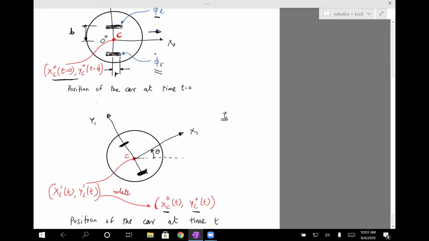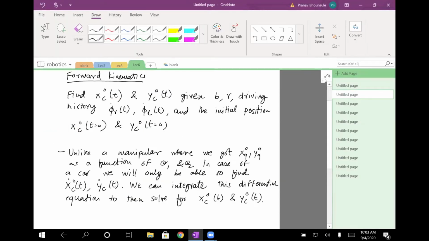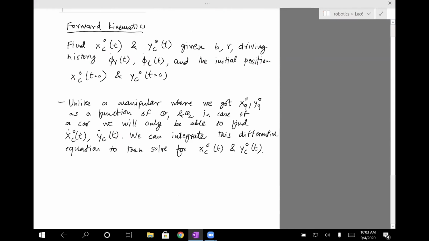And if you know the position as a function of time t, then you can plot the whole car, because it's a rigid body and every point on the car is at a fixed distance from the point C. So I'm going to derive an equation for the forward kinematics, which is the problem: find the position of point C as a function of time.